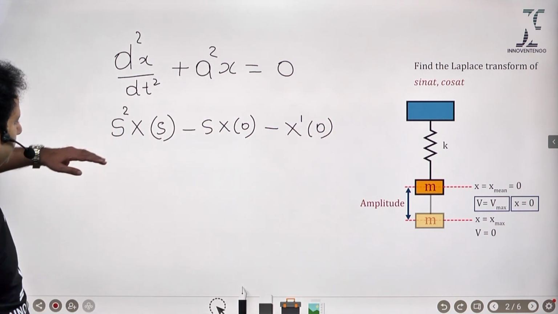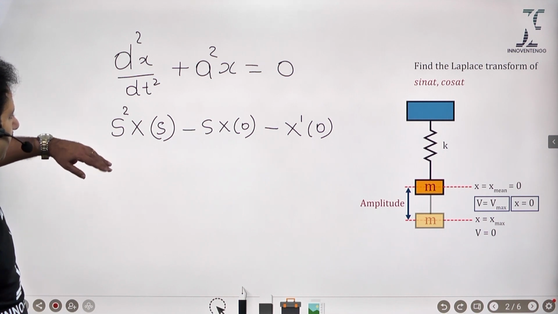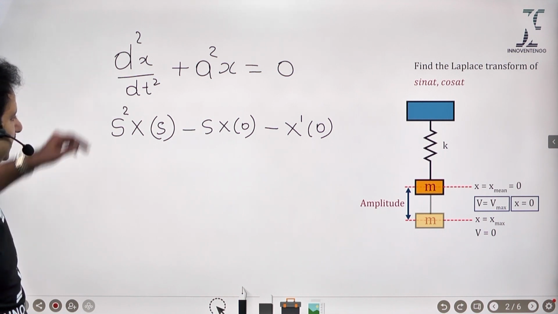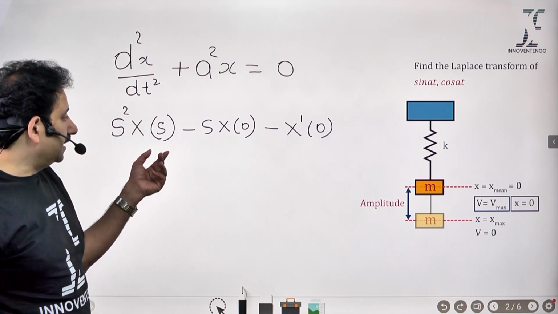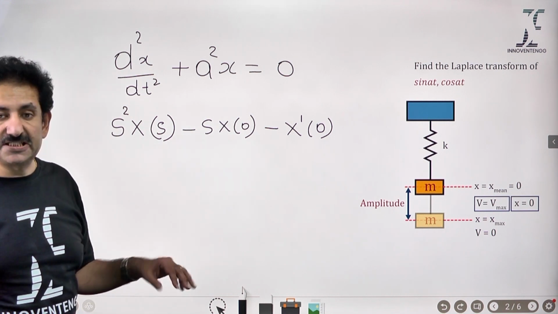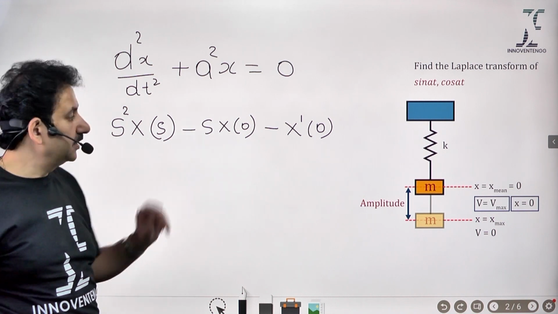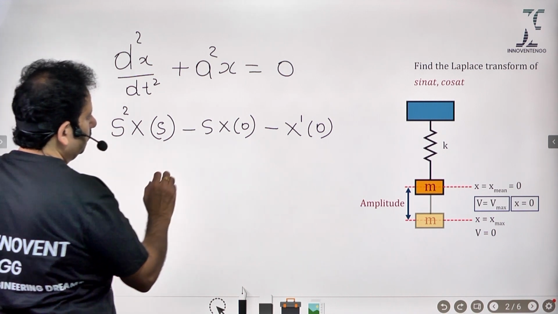So this is what exactly you're going to get when you seek the Laplace transform of d square x by dt square. You can either look up the formula, or you can visit our discussion on differential equations for a detailed derivation of this. So this is what we are going to use here.